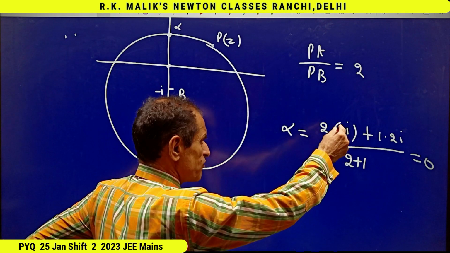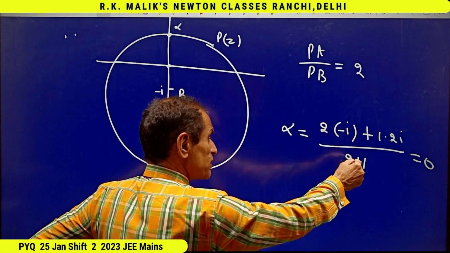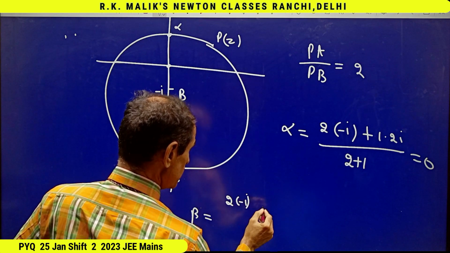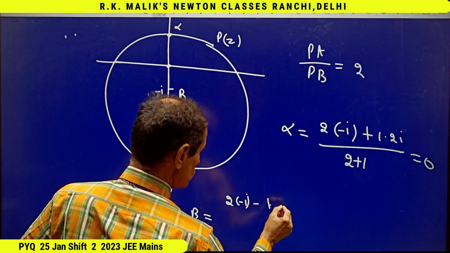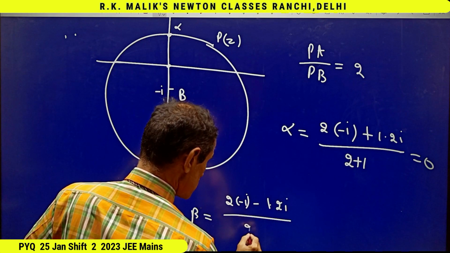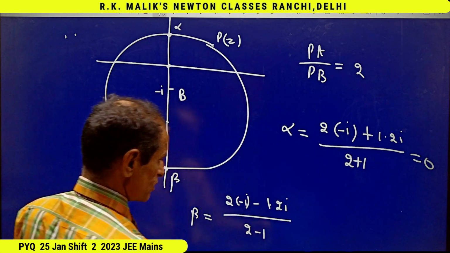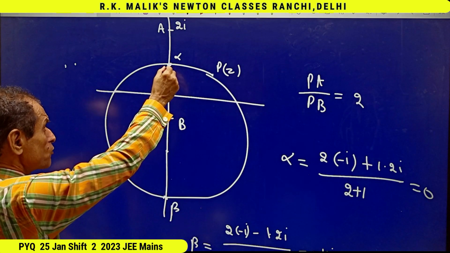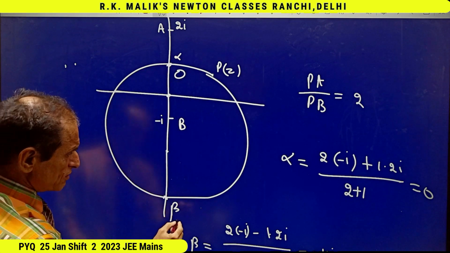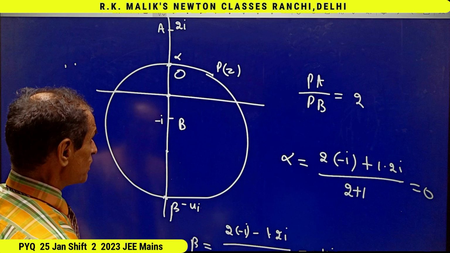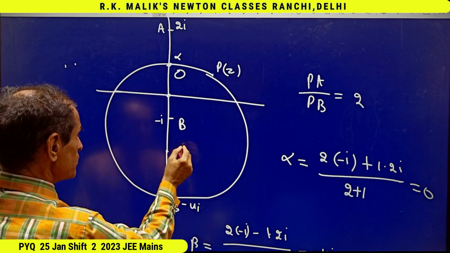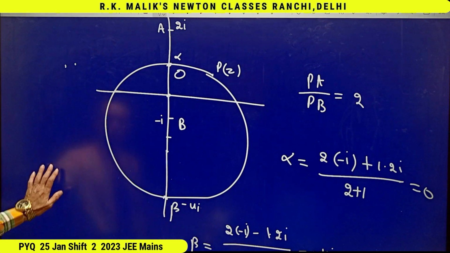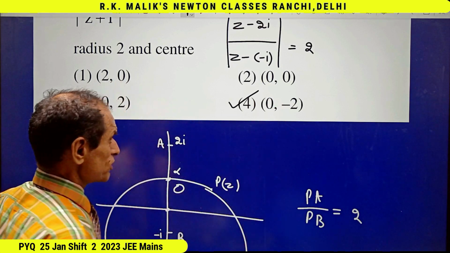That is, with the help of this formula, just write minus here and minus here, you'll get the value of beta, that is (2 into minus i minus 1 into 2i) upon (2 minus 1), that is minus 4i. And because we had concluded that alpha is 0, beta is minus 4i, hence the center of the circle will be at minus 2i. That is, the center becomes (0, minus 2). Hence I can say the fourth choice is the correct choice.